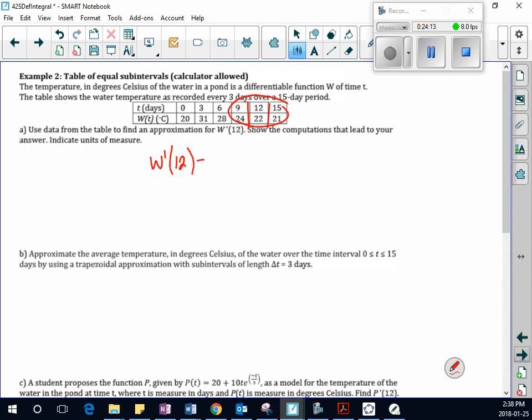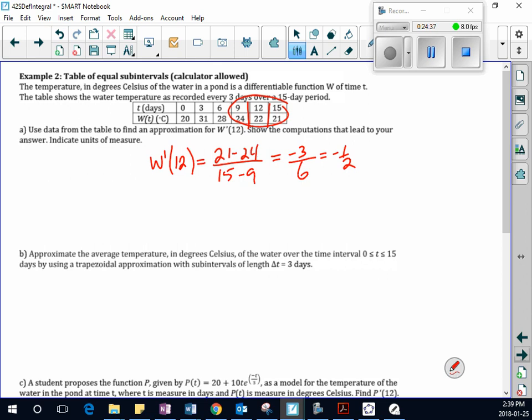Yeah, y2 minus y1 over x2 minus x1. Does everybody see this? So 21 minus 24 over 15 minus 9. Everybody good with how I'm getting that? So then I get minus 3 over 15 minus 9 is 6, so I get negative a half. And, oh, it says indicate units.